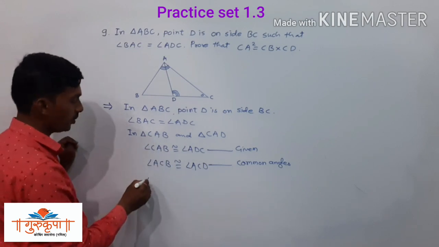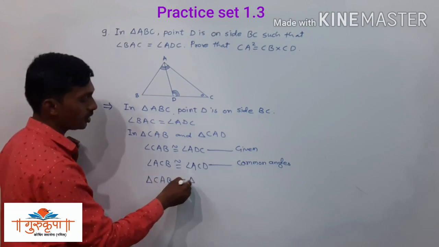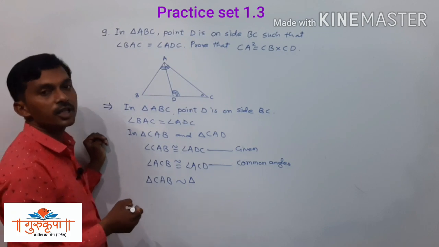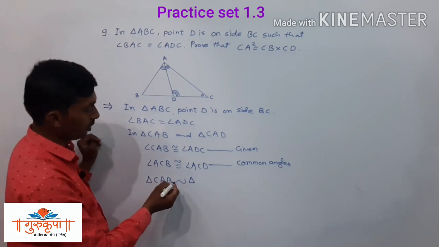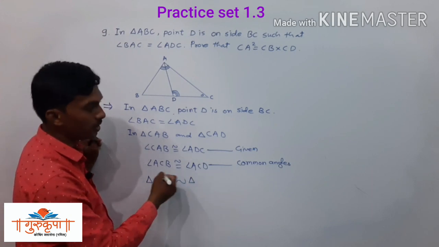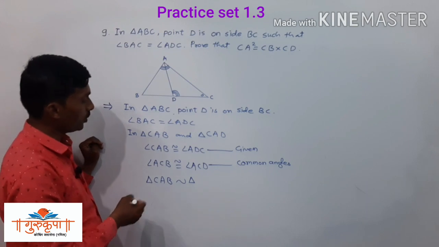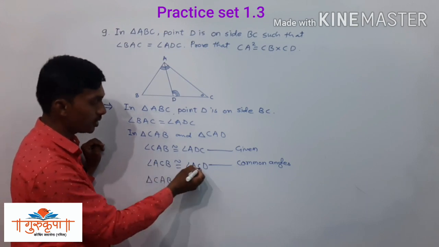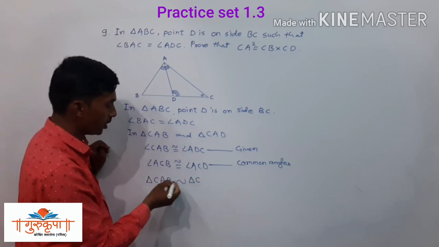So here we will write the names of the triangles, that is triangle CAB similar to triangle. Now we have to write the names of the triangle using correspondence. That is very important. When we put this similarity sign there, names should be in one-to-one correspondence. So the corresponding point of C is C, since that is the common angle. So we write C here.